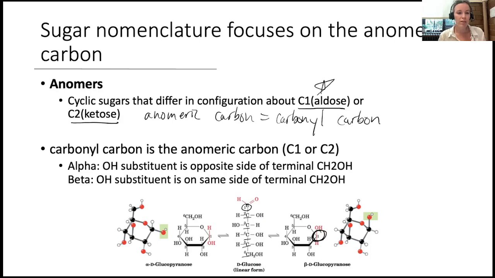And so we distinguish anomers because the geometry about the anomeric carbon matters. An anomeric carbon can have a bond that is either alpha or beta.